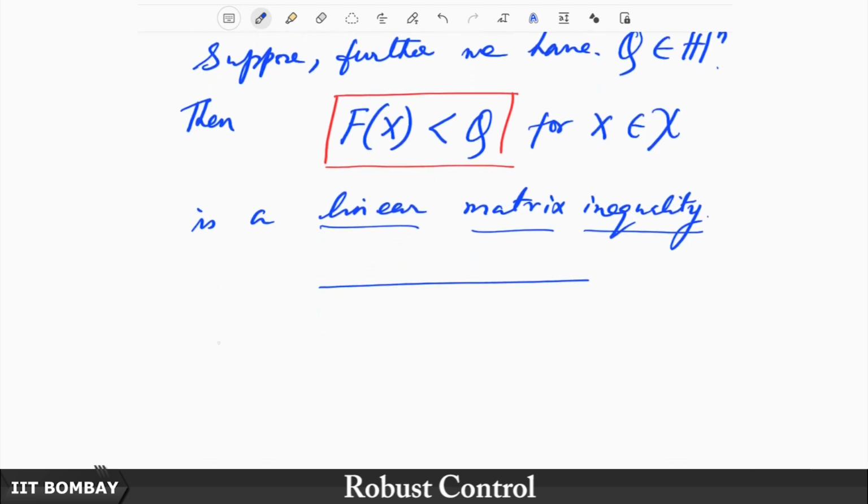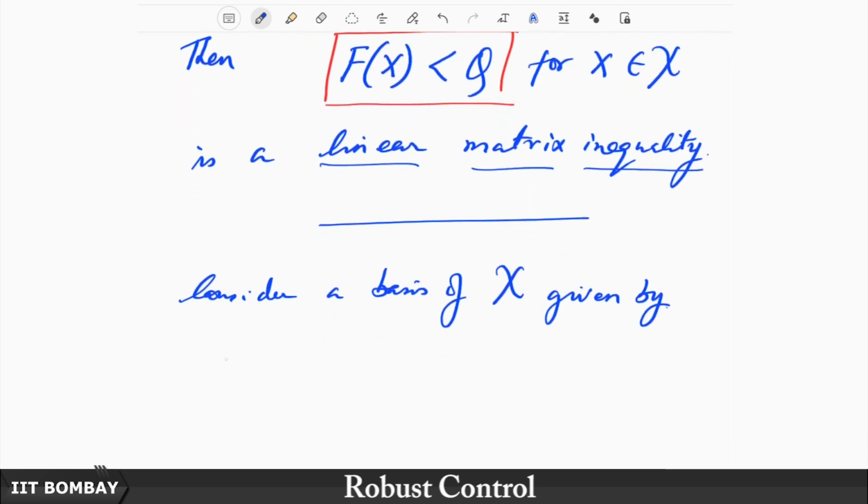Now, consider a basis for this vector space X, say given by V1, V2, these are capital V's I am saying, arbitrary objects, depending on the structure of this vector space X. You can call this variable chi, it looks like the chi variable, but curly x or chi, whatever you want to call it.